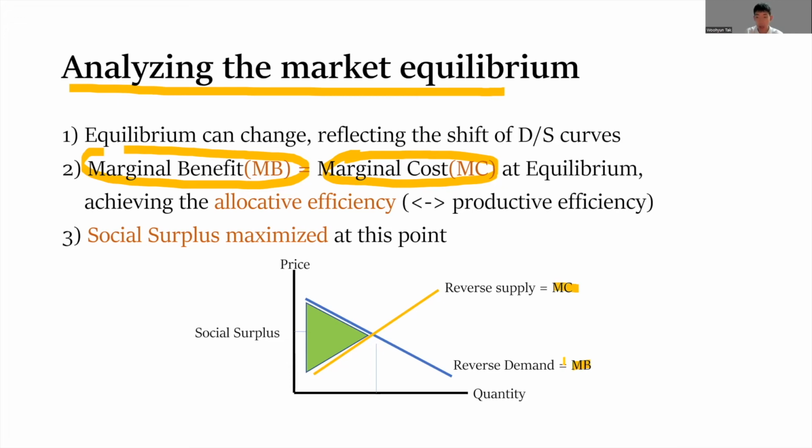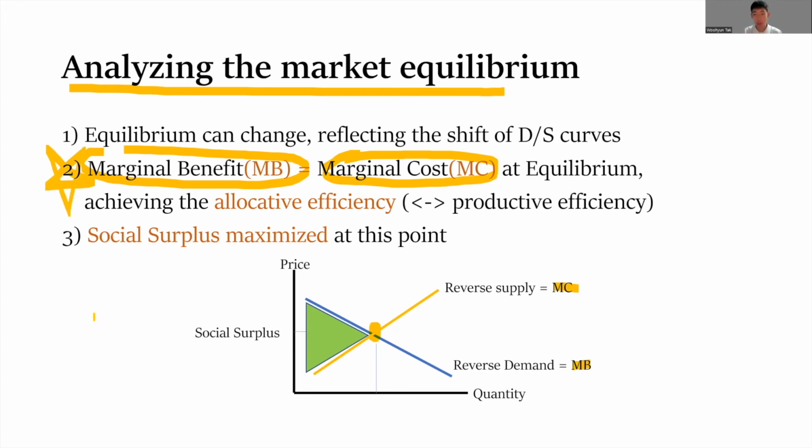Marginal benefit, as said earlier, is the benefit you gain from buying one more unit, and marginal cost is the cost needed for producing one more unit, and they exactly equal each other. Yes, this point is very important.